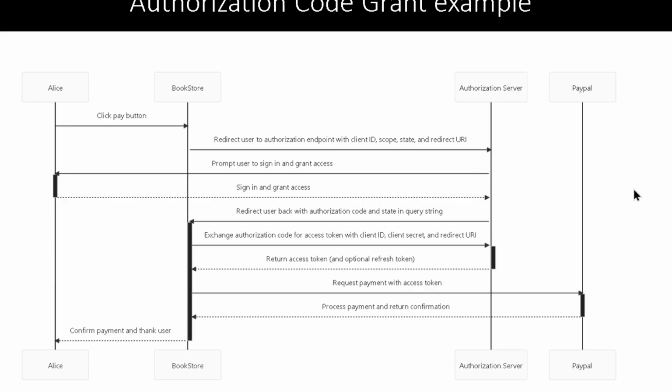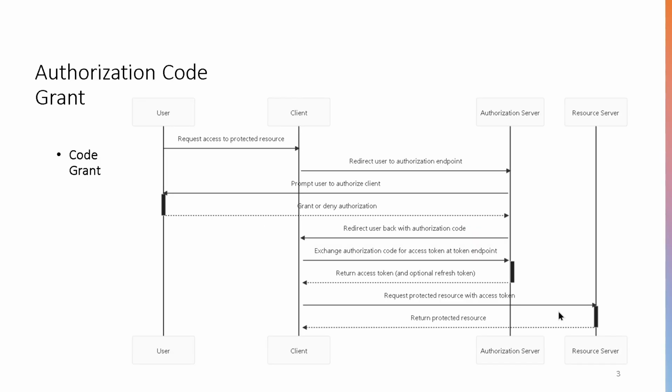The authorization server verifies the code and the credentials of the bookstore app to ensure it's valid, and then it's going to return an access token to the bookstore app. The bookstore app would then use the access token to request the payment for the book from the resource server, which is PayPal. So the resource server verifies the access token and processes the payment for the books purchased in the bookstore.